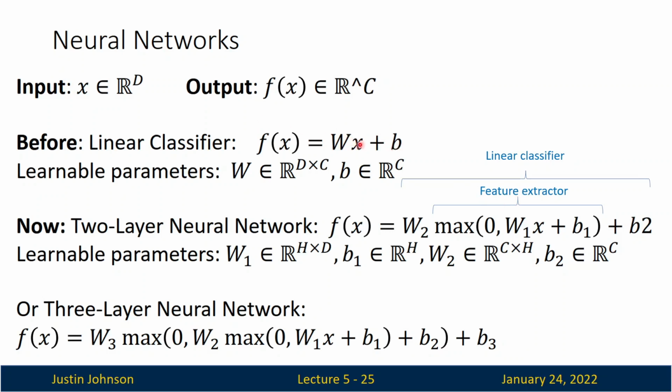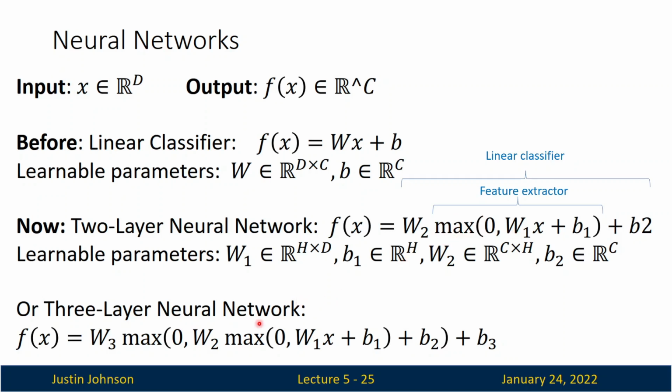For a linear classifier, you have the feature times a weight matrix plus a bias vector. So this is a weight matrix and this is the bias vector. For the two-layer neural network, the inner region is just trying to create some features. The format of the feature is very similar to a linear classifier, but the only difference is the max function here.